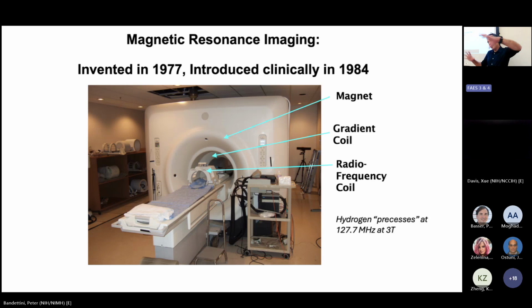So these coils give energy to the system, and then they receive these echoes, these Hahn spin echoes or other types of echoes, back from the system while the spins are being encoded in space. And so that's what the radio frequency coil is for. It gives the energy to the system and receives it back.